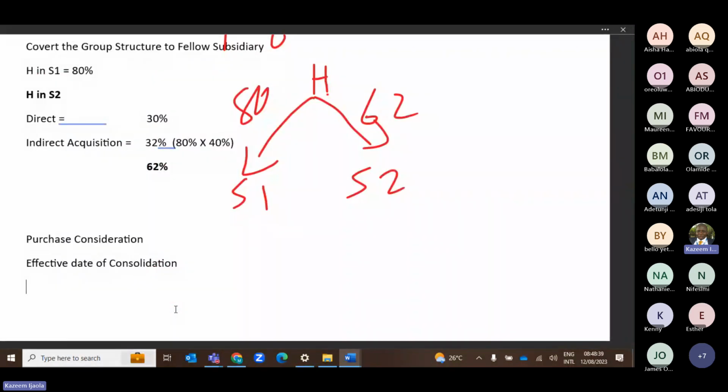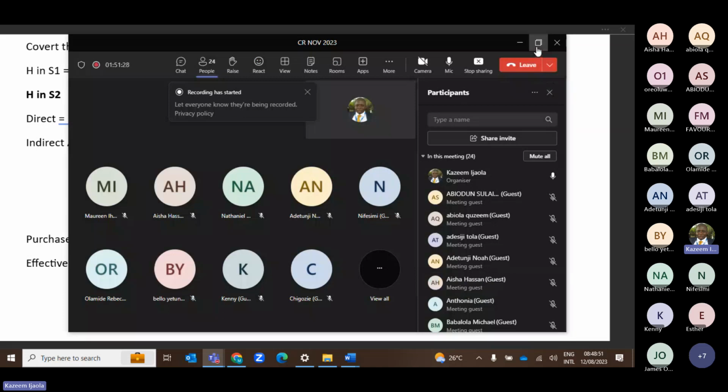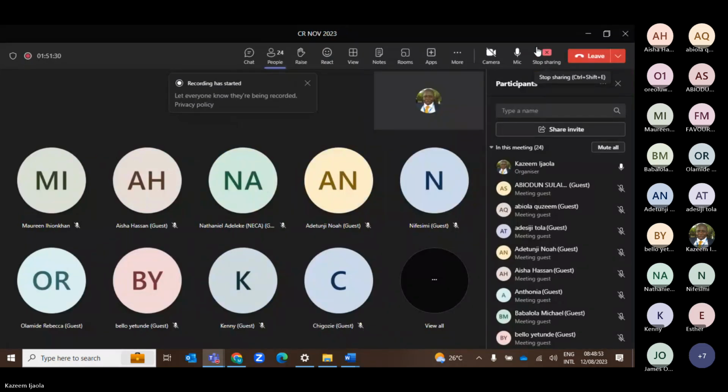So that's how we got it. The 32% is your 80% multiplied by 40%, right? Any other question on this before we move on to the next principle, how to calculate purchase consideration?